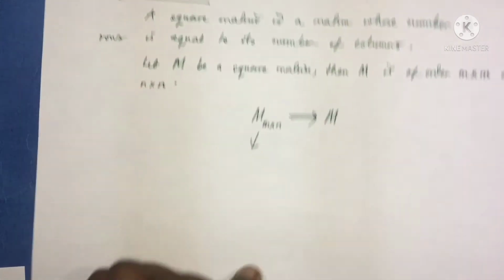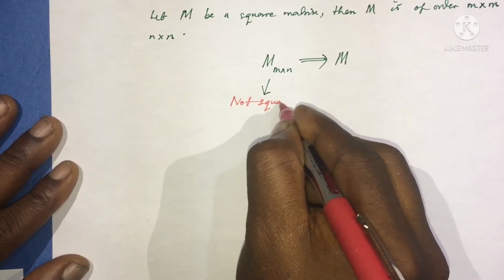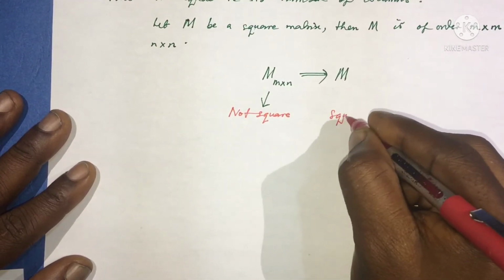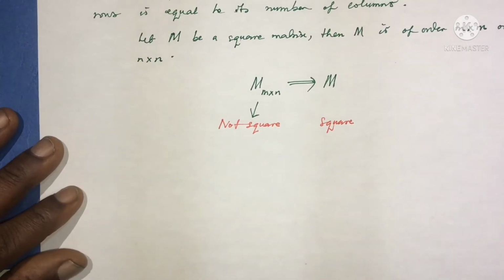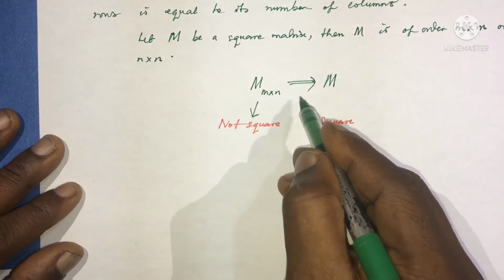I'm going to put here "not square," and here "square." So under what condition will a matrix of order M by N become a square matrix?